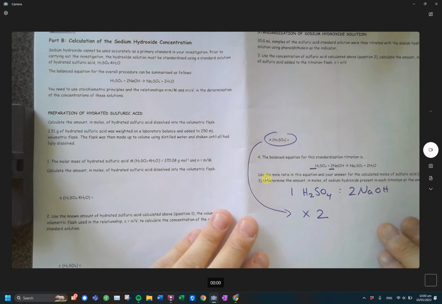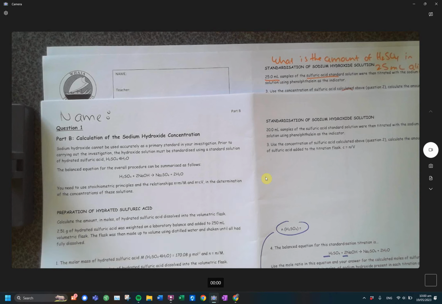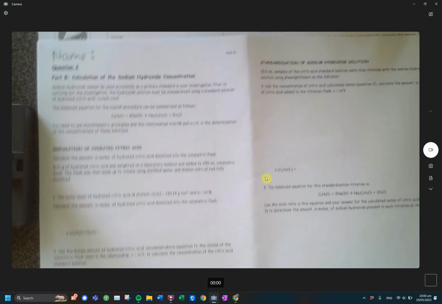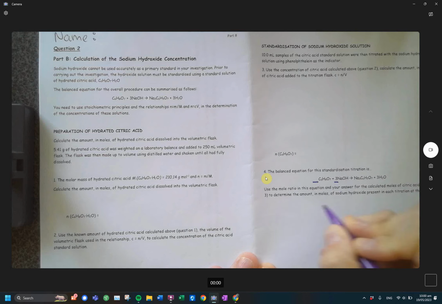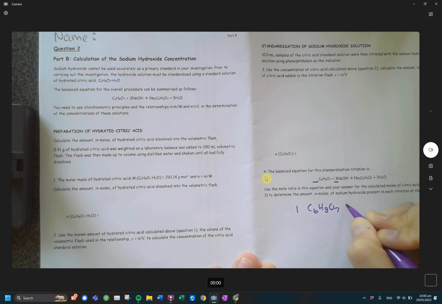Next one? Okay. So in question number 2, again, we are looking at the numbers in front. In this case, we have a 1 for, what type of acid is that? Citric acid. And that ratio is 3 sodium hydroxides.